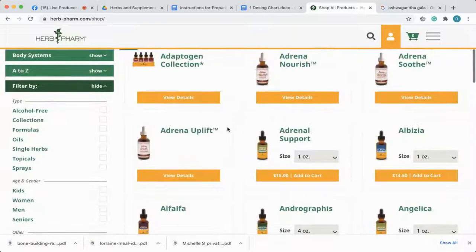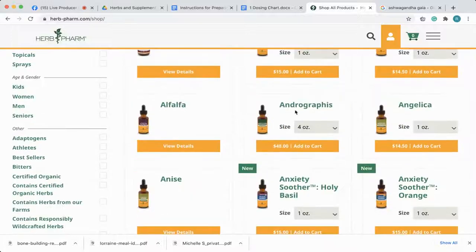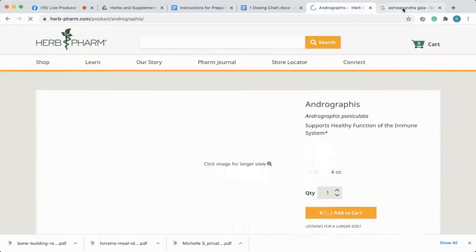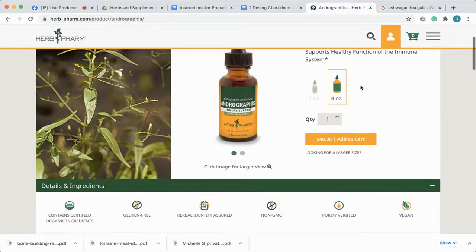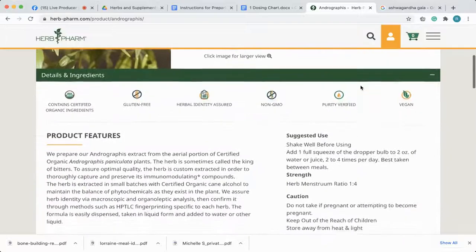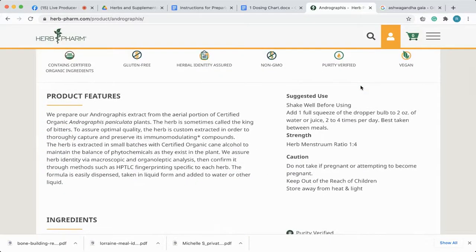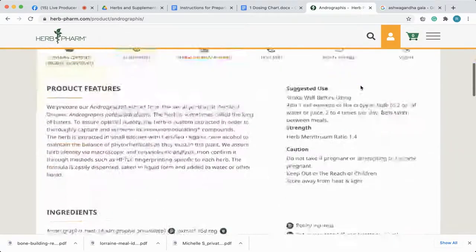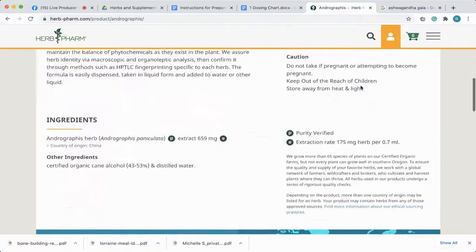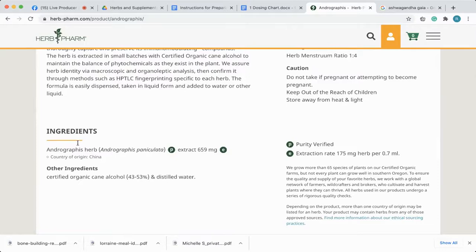So let's look at a product here. Let's look at Andrographis tincture. So when we look at this product, ingredients, now it tells us extraction rate.